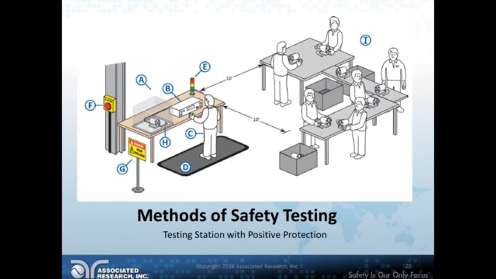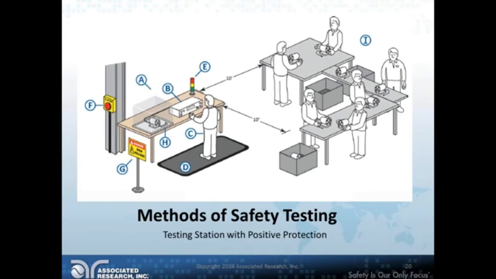So you should not have production operations near testing operations, because if somebody gets too close, there is the potential that they could come into contact with a dangerous situation. 10 feet might sound a bit excessive, but that is the standard guideline for that. So as you can see, what I've shown here, labeled I, is a production or setup operation well away from your testing operation. Now we understand that not every station is going to be able to use positive protection.